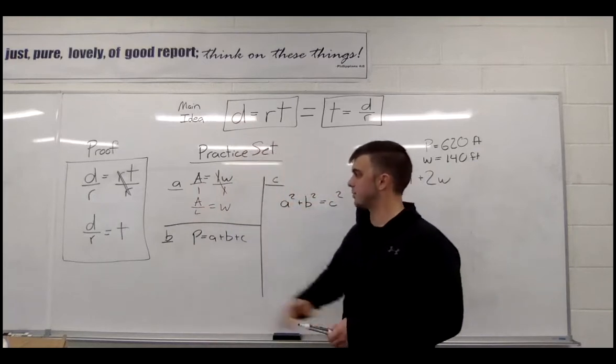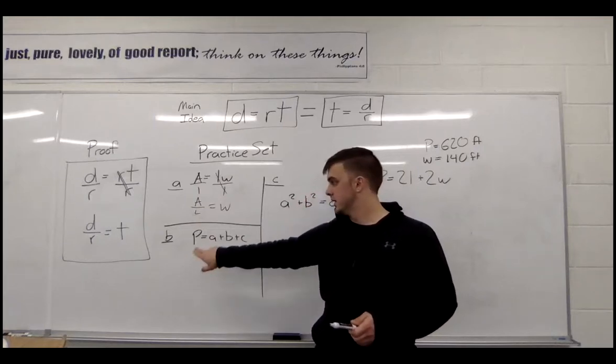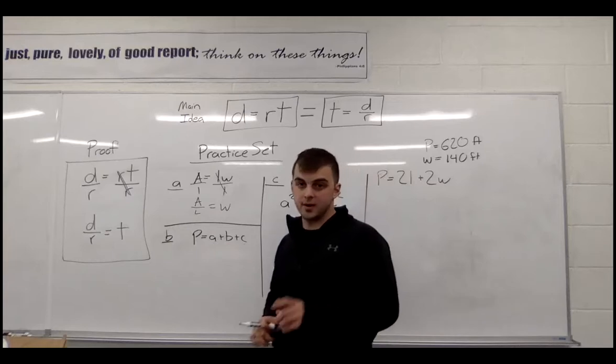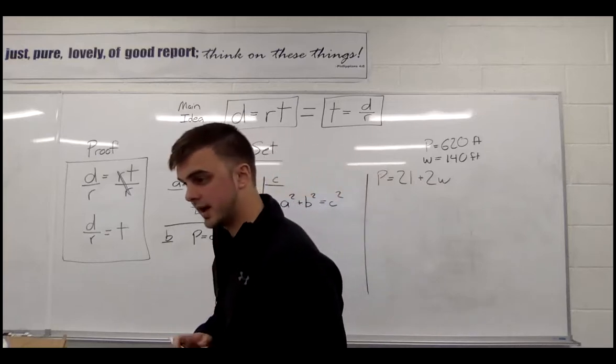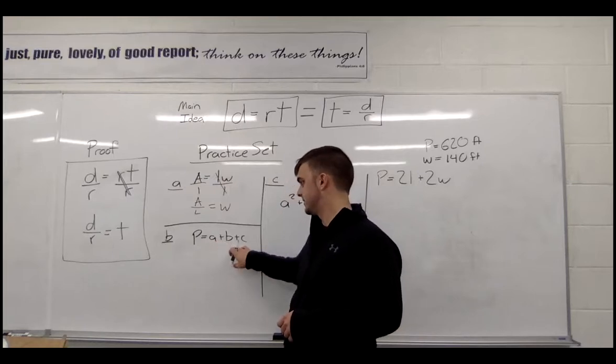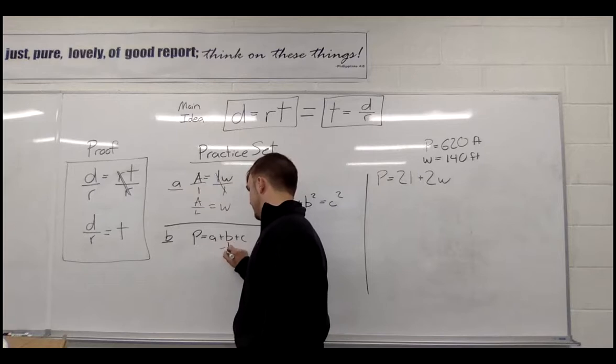For B, you have the perimeter. This is for a triangle. You take all 3 sides of your triangle, A plus B plus C, add them together, that gives you the perimeter. They want you to figure out for A again. Well, how do you get A by itself? It's A plus B plus C. Well, you have to do this: minus B and minus C. That cancels out both of them.